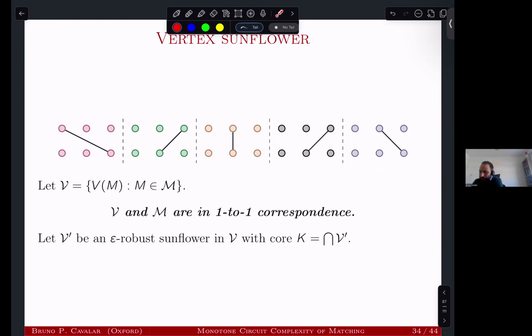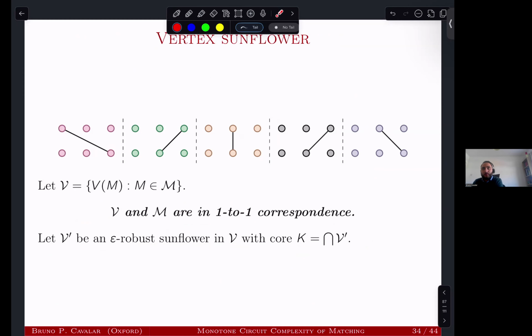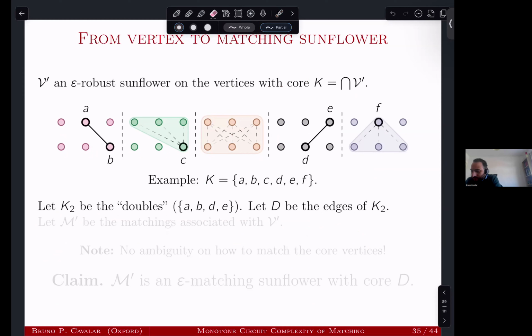Now we can find an epsilon robust sunflower in the set of vertices, as we wanted to do in the naive argument. So what is happening here? We have an epsilon robust sunflower on the vertices with a core.